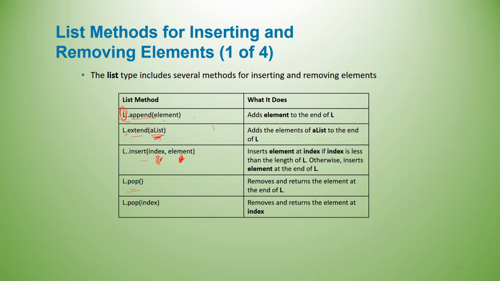So I understand that. Okay, pop removes and returns the element at the end of the list. So whenever you call this, the end element will be removed, and it gives it back to you. And this is saying remove the element at a certain index. So that's that. Any questions?